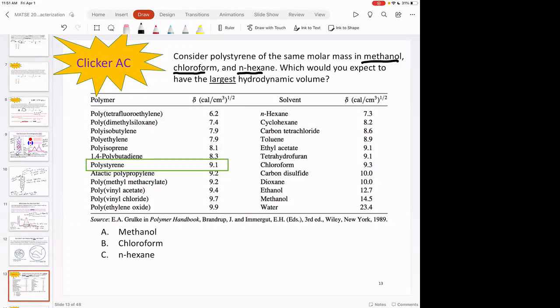So which pair, polystyrene and which solvent? So you got polystyrene here. We have methanol is here. Chloroform is here. And excuse me, and hexane is right here. And so we're asking for what's the largest size polystyrene coil in what solvent?